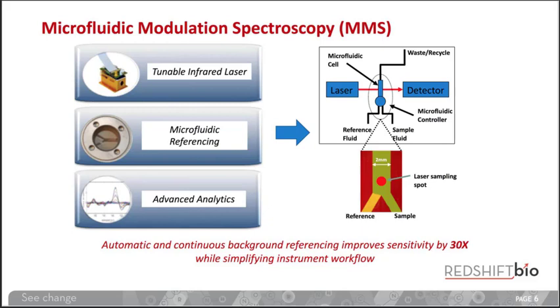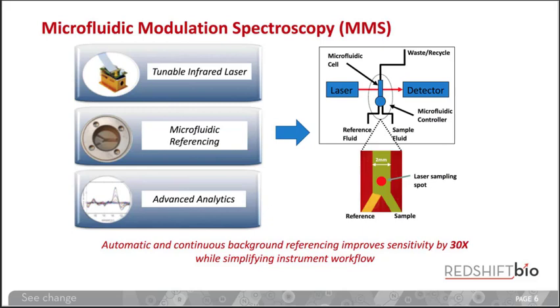On the right here, you see a schematic that basically shows laser absorbance spectroscopy. Our source here is our tunable laser instead of, say, a glow bar, so it's extremely bright. It allows us to use a much simpler detector, a TE-cooled detector, and in between we have our fluid cell. Now this cell is actually designed with 2 inputs, one for a reference fluid and one for a sample fluid.